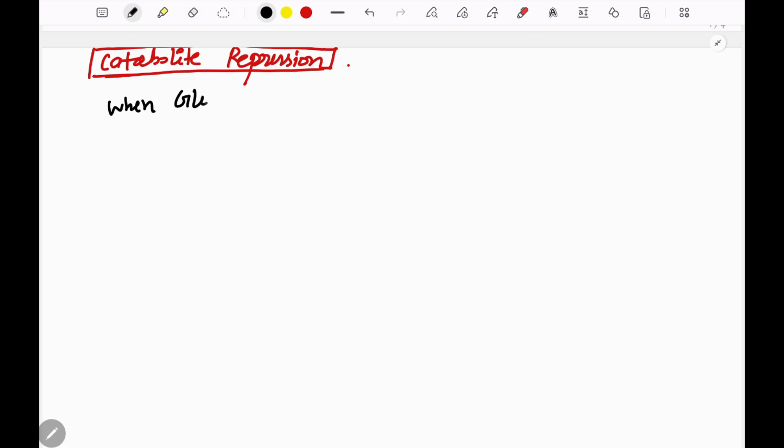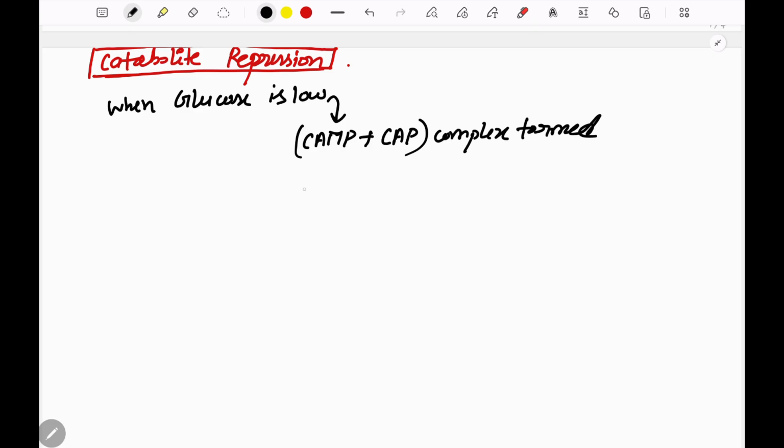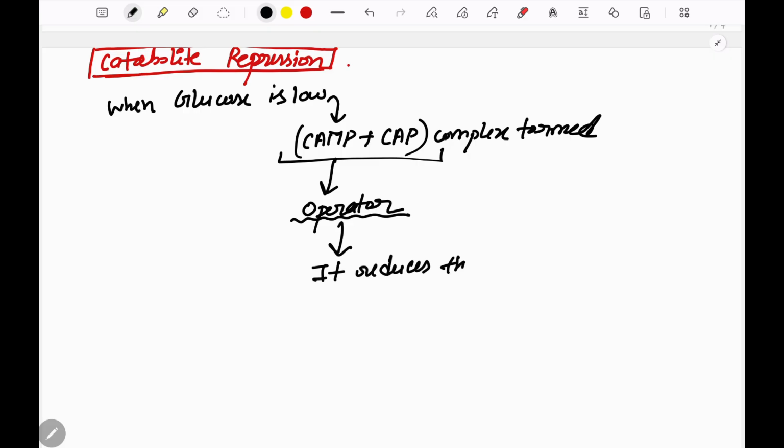When glucose is low, it produces the cAMP-CAP complex, and this complex binds to the operator region of the gene, and it reduces the efficiency of binding of repressor protein.